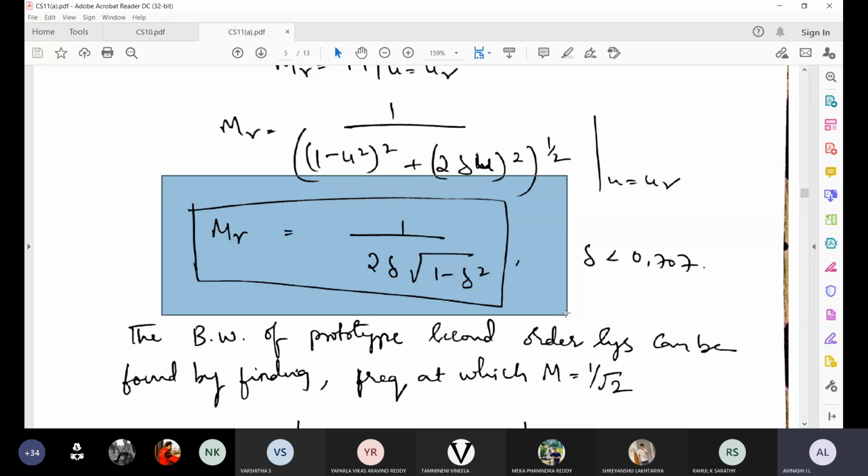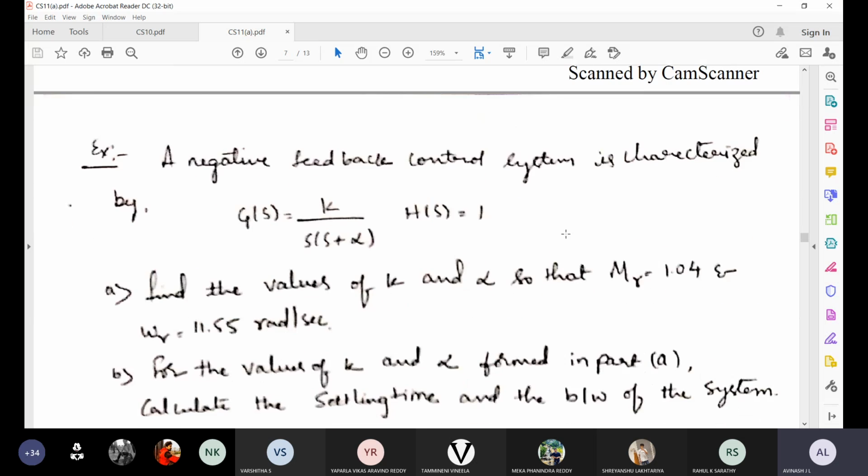Please write these down. After writing this, I can go for the numerical. So write down, all of you.